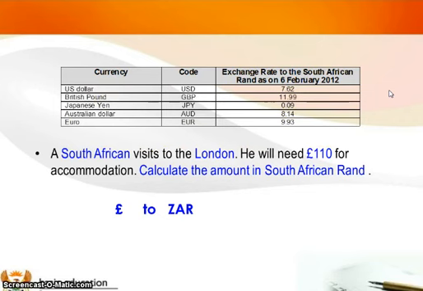The second format would be where the examiners actually want to test whether or not you know the difference between bank buying rate and bank selling rate. Now remember the first video. If you still don't understand it, visit the first video or the previous video to the one that we are watching right now.